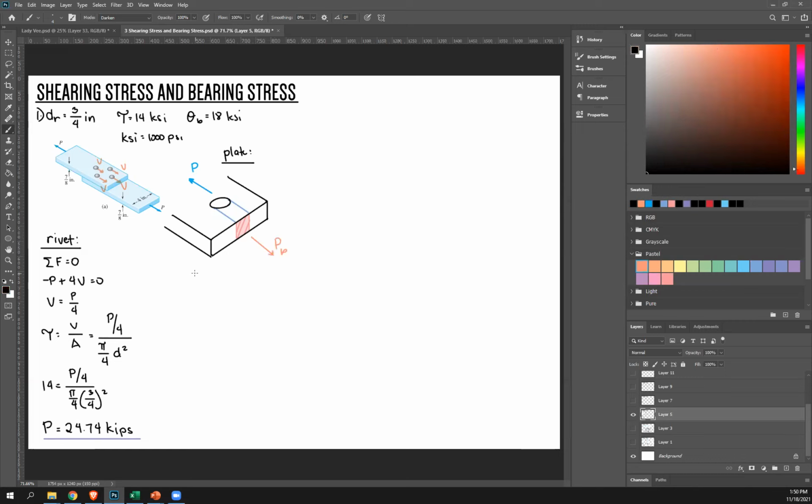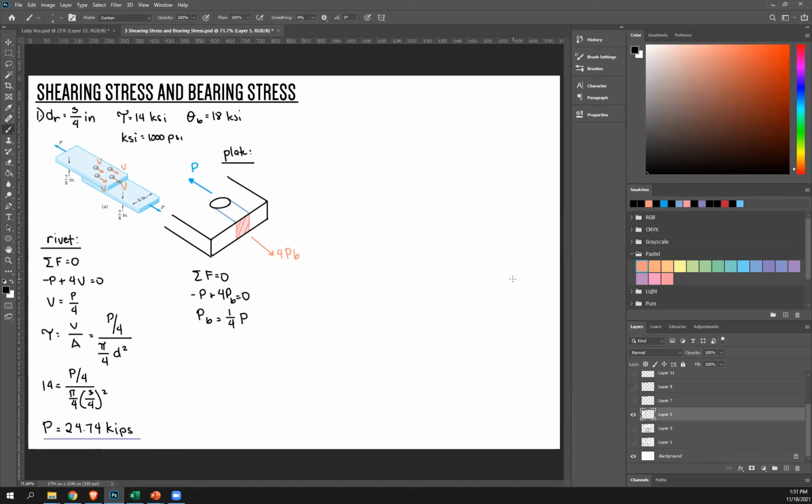Using the equilibrium equation, summation of forces equals 0, negative P plus PB equals 0. But that's not just one. Remember, there are 4 of those, so I'm not going to draw 4 rivets anymore. I'll just multiply this by 4 to denote that there are 4 reaction forces for bearing. So therefore, PB is just 1/4 P.